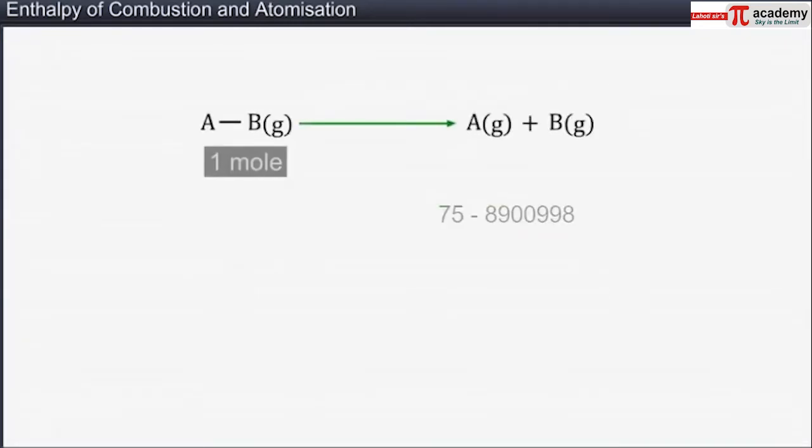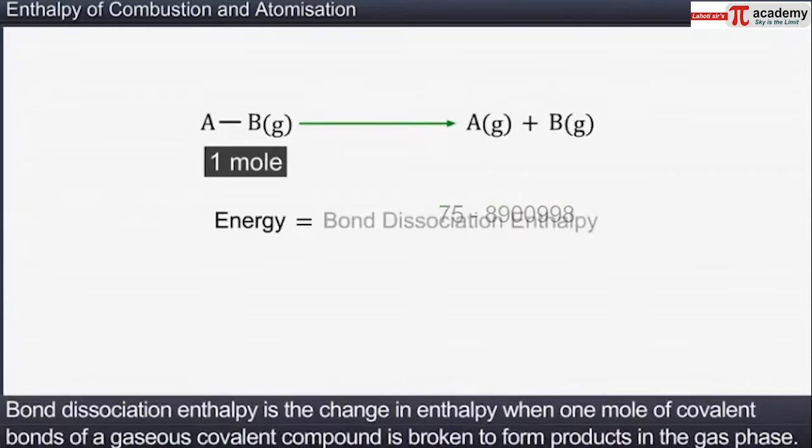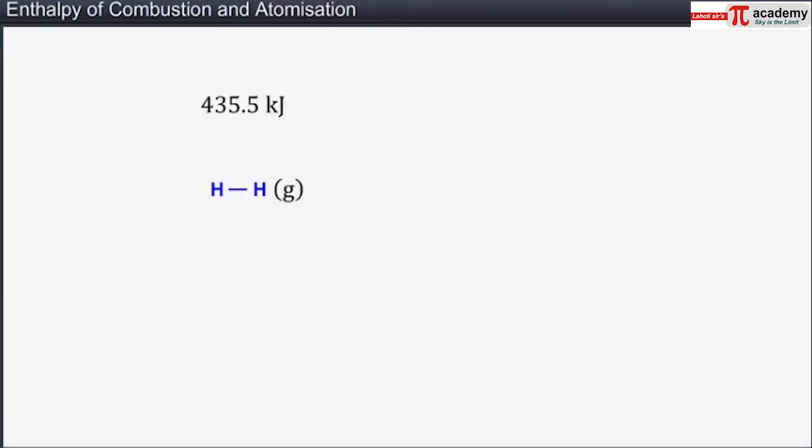In case of diatomic molecules, bond dissociation enthalpy is the change in enthalpy when 1 mole of covalent bonds of a gaseous covalent compound is broken to form products in the gas phase. For example, 435.5 kJ per mole of energy is required to dissociate 1 mole of hydrogen gas into hydrogen atoms.